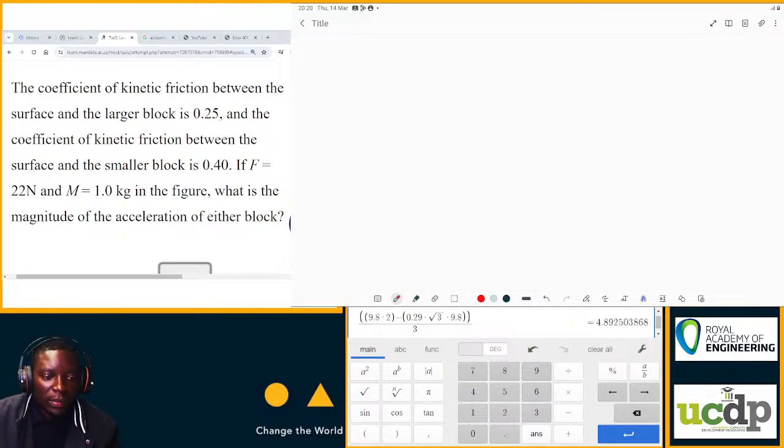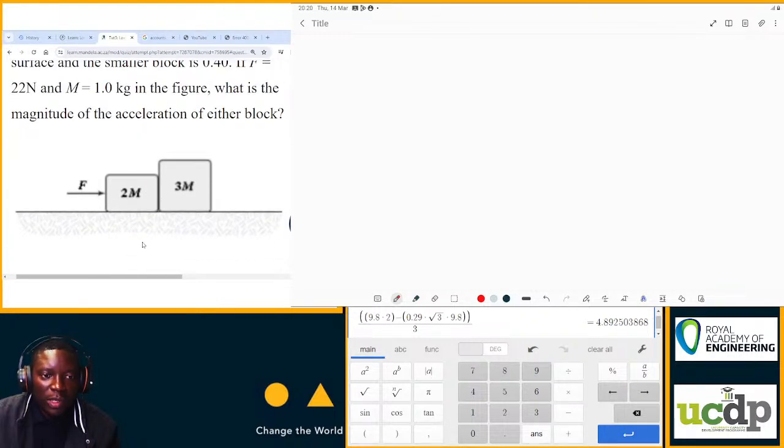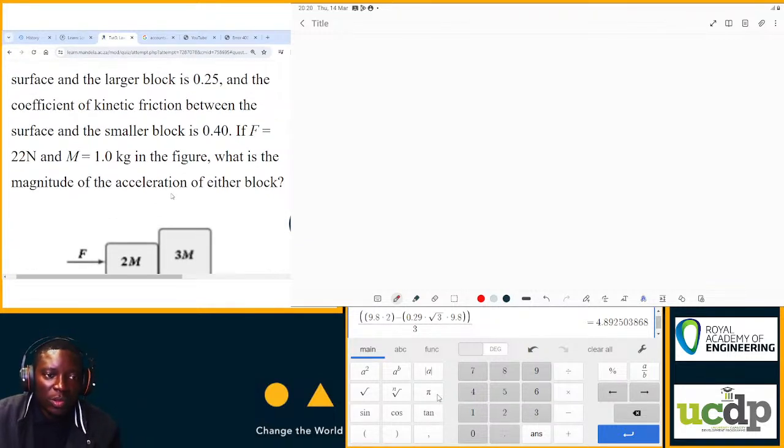There's a diagram there which is being referred to. I'll give you a glimpse of the diagram, a simple diagram. It's a force acting on a 2m mass, which is in contact with a 3m mass. Those are the two blocks.